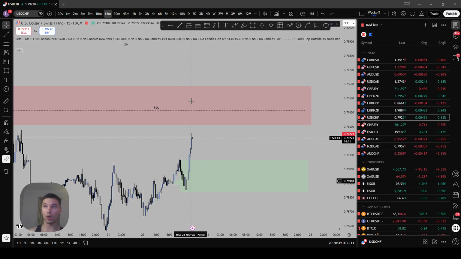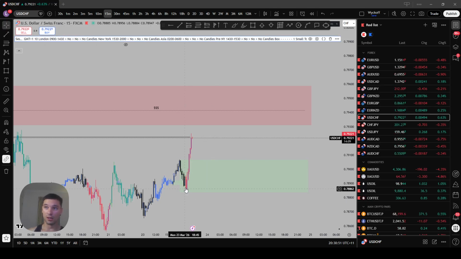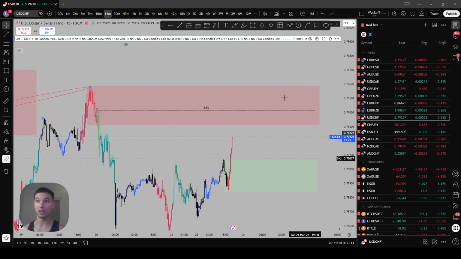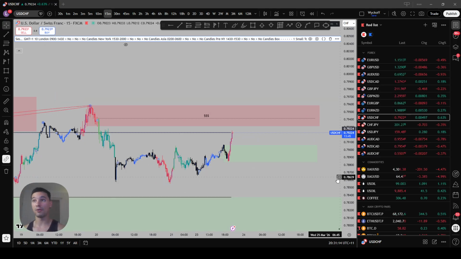Reason being is the whole thing you can see here got created during the London Open, so it's a very manipulative move, which can trap a lot of retail because they'll see demand, but they won't realize this whole thing is just creating one big London Open move. So if we get a nice break of structure back down upon mitigating this, swooping this even better, but if we get a nice break of structure after, I will short it because I have no reason not to.